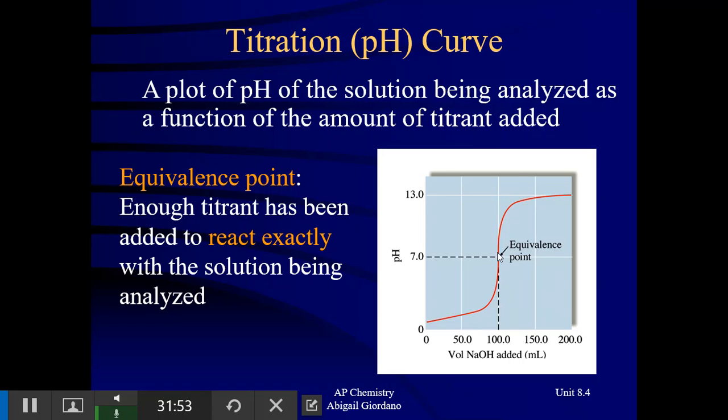We hit the equivalence point, and then we continued to add more base, and that gave us an excess of hydroxide. So anywhere before the equivalence point, we would have leftover H+. Anywhere beyond the equivalence point, we have leftover OH-.